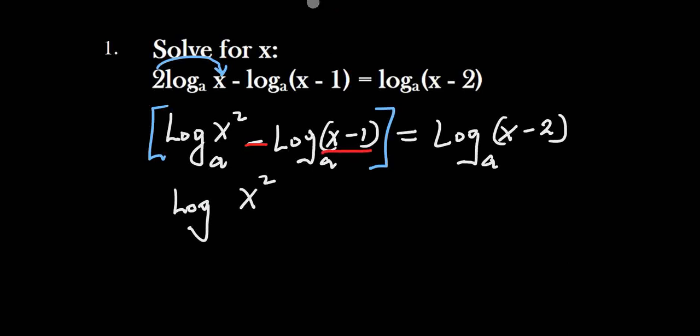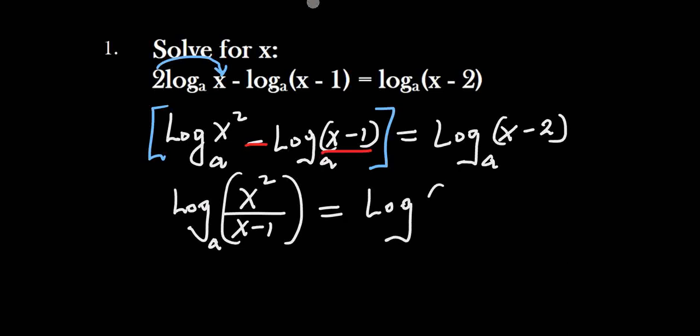So log of x squared over x minus 1, we can put the whole of this in parentheses, to base a equal to log x minus 2 to base a.